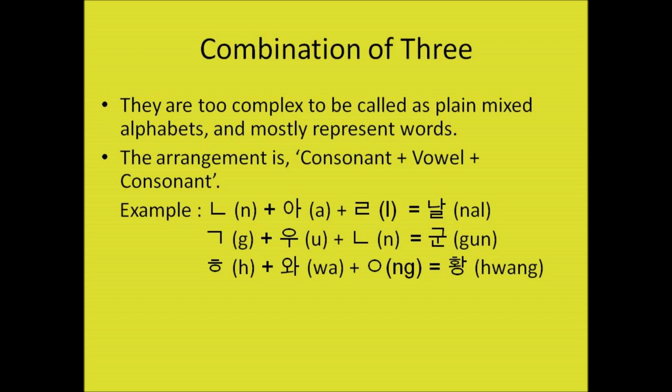Here are a few examples. 니은, plus 아, plus 리을, gives 날, which means day. 기억, plus 우, plus 니은, gives 군, which means military or army. 히읗, plus 와, plus 이응, gives 황, which is a Korean surname.